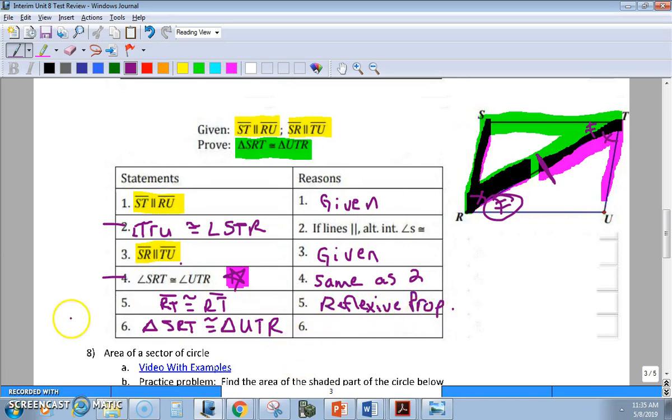And then we know that triangle SRT is congruent to UTR because of angle, side, angle congruency theorem. Okay, so don't forget you should always get 2 or 3 or even 4 correct in these proofs because of the givens and what you need to prove.